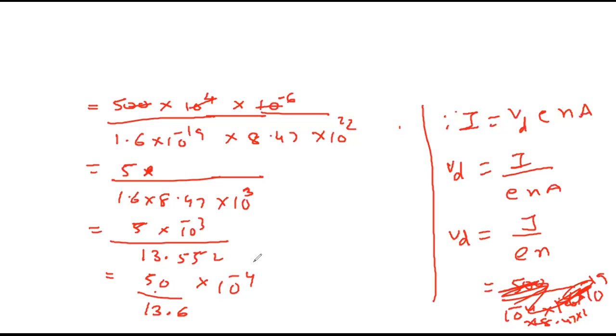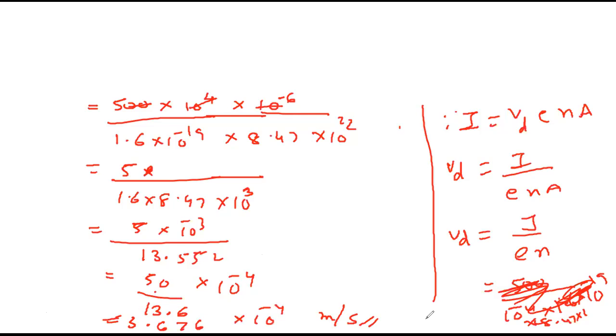So 15 divided by 13.6 is nearly 3.676 into 10 raised to minus 4 meter per second.